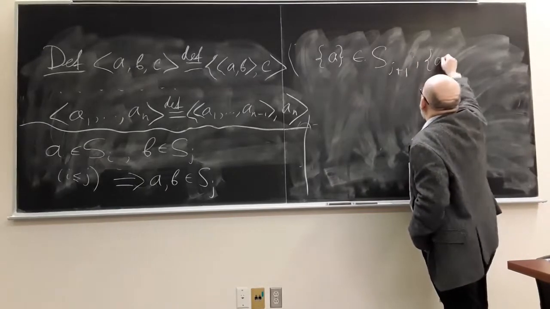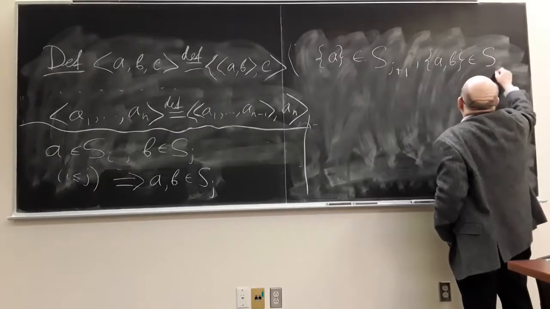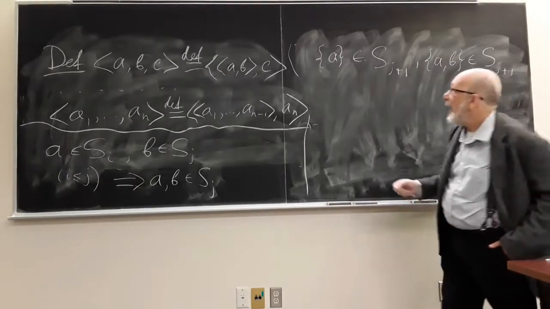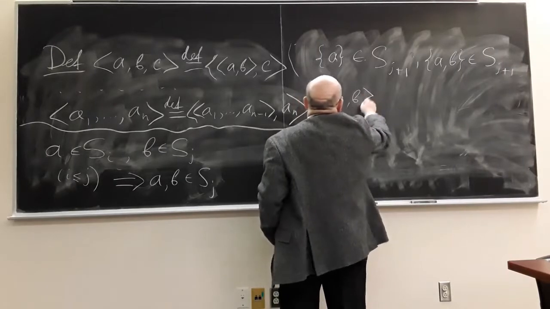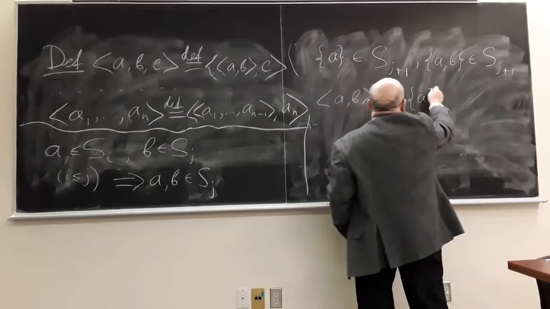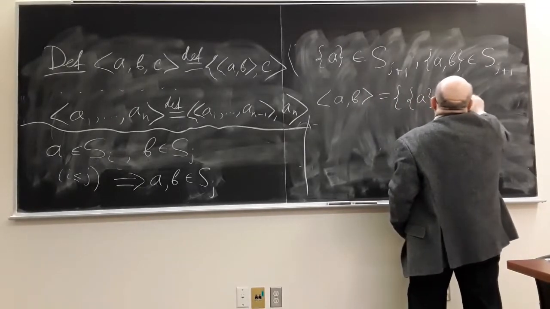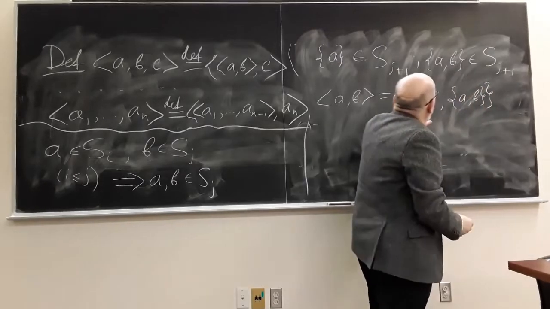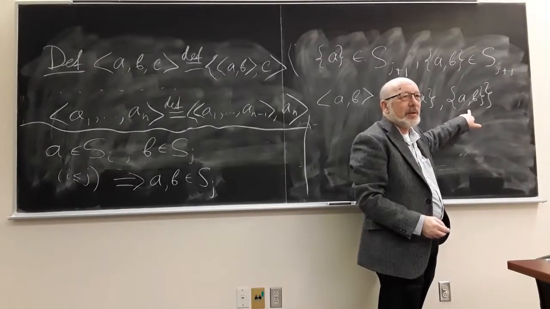And the set AB is an element of Sj plus 1. And so, what is AB? It equals the set containing these two elements. So these elements are in Sj plus 1.